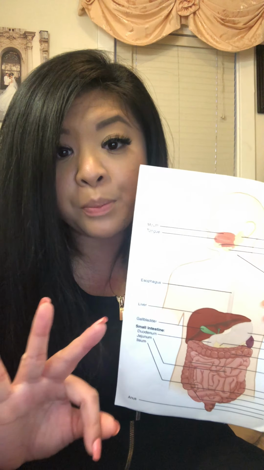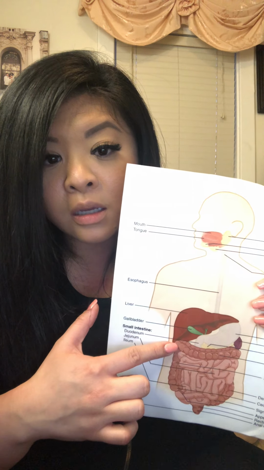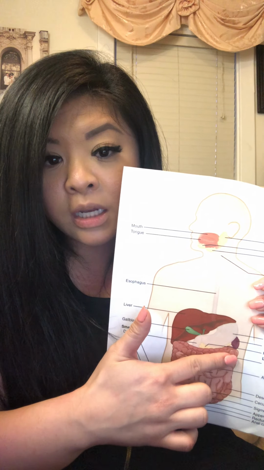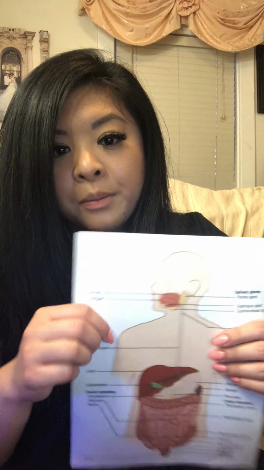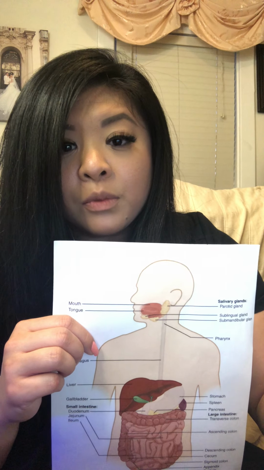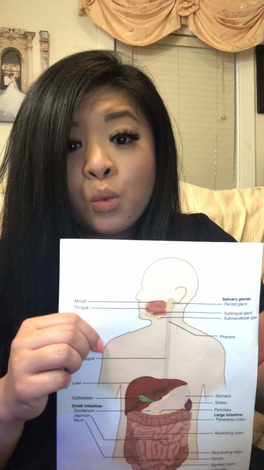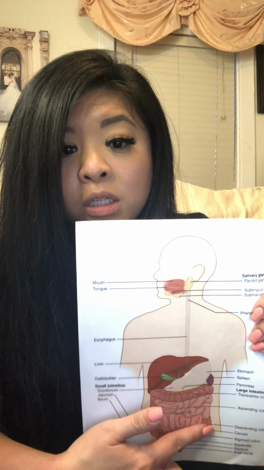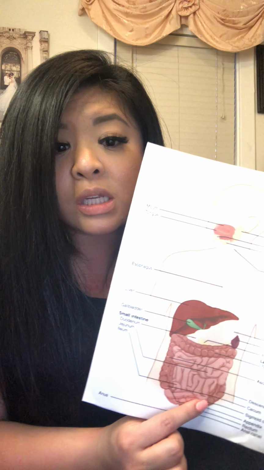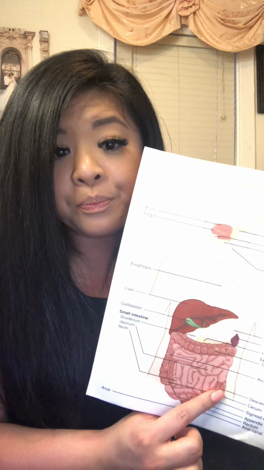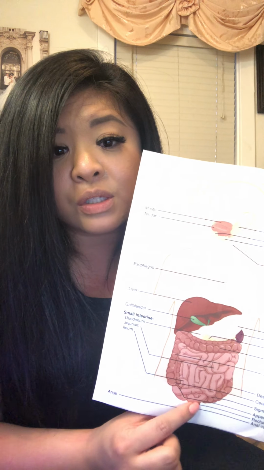The colon has 3 parts: the ascending colon, the transverse colon, and the descending colon, which holds the resulting waste. After the descending colon, the digested food goes into the rectum, and then it goes to the anus as a bowel movement.